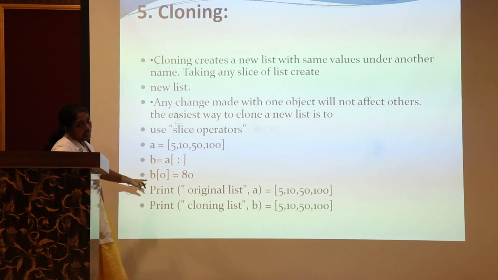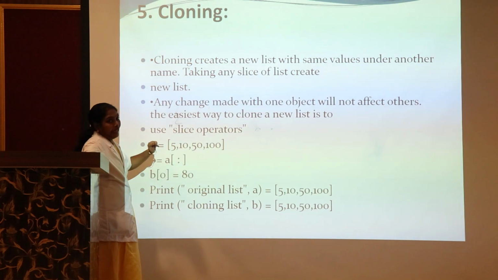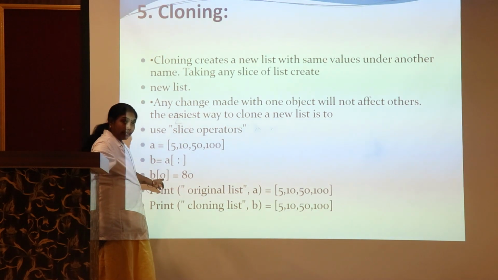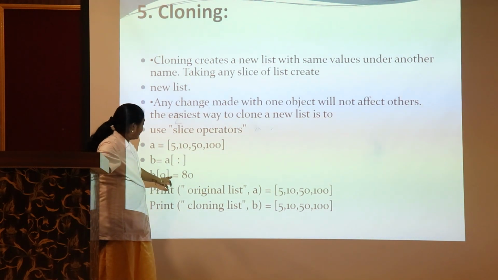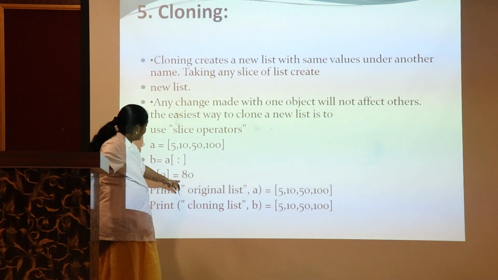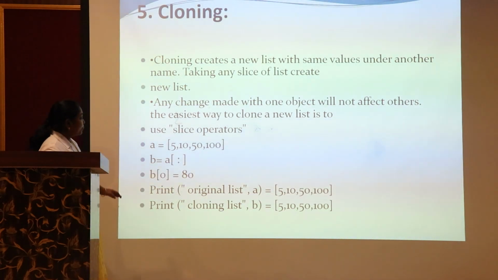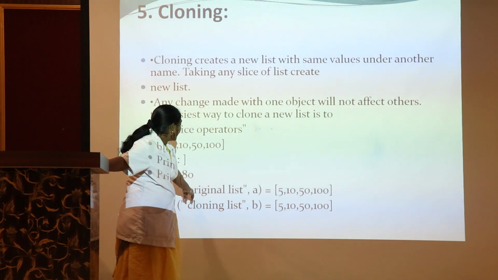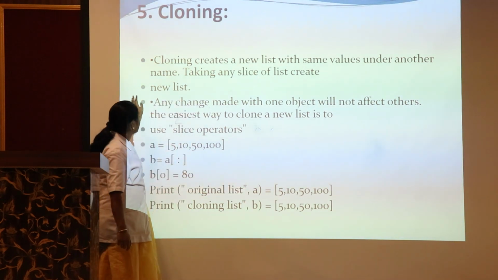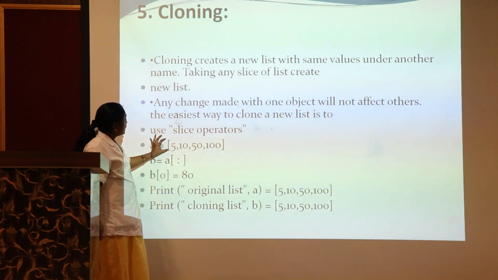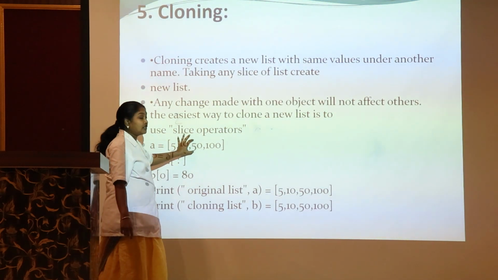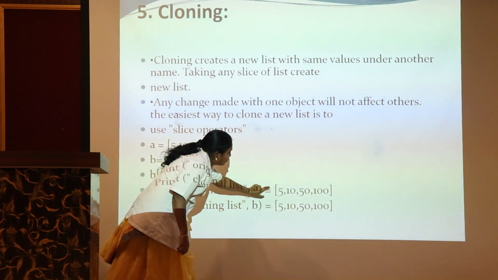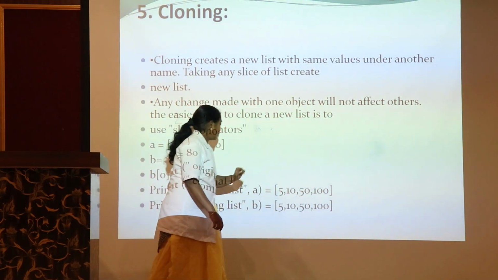So I want to slice the list of A. B[0] equal to, closing brackets, the value 80 assigned. Next is the printing statement. The original list A equal to open bracket 5, 10, 50 and 100. That prints the original list of A: 5, 10, 50, 100.